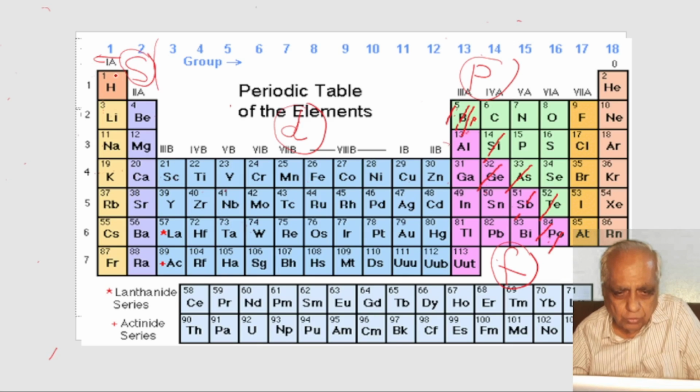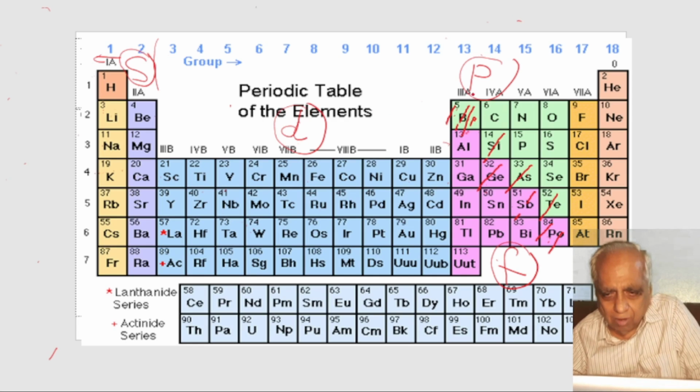Now you see, as shown in the slide, that 1A and 2A, this rectangle is called S block, and the block of transition elements from 3B to 2B, which is in blue color, from period 4 to 7, that is called D block, and all the A atoms and inert gases, they are called P block.